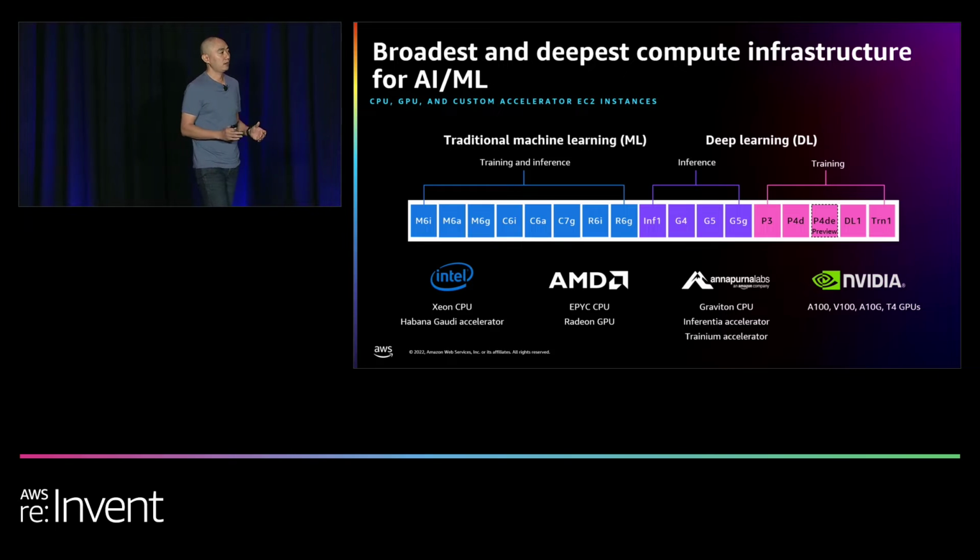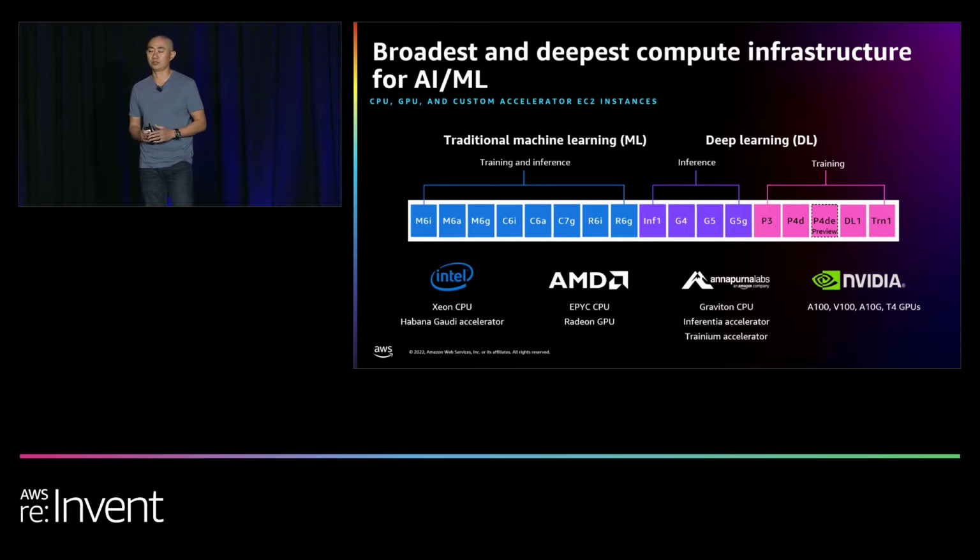Now, we have grouped these instances into 3 categories. If your focus area is building traditional machine learning models, training them, doing inference, then perhaps you should look into the CPU-enabled instances.